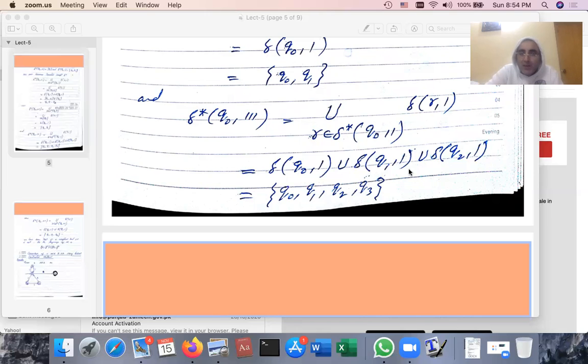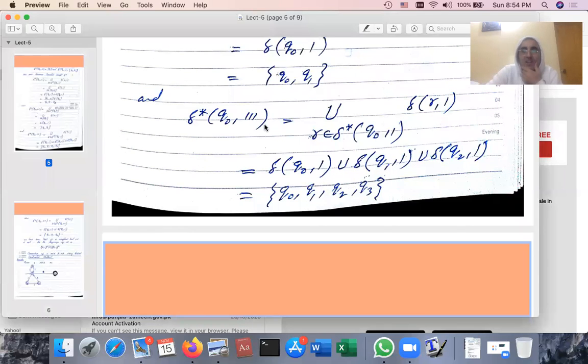But I have skipped many steps here. And then I am writing this thing Q0. Okay, from Q1 after applying 1, I can reach Q2. And from Q2 after applying 1, I can reach Q3. So that's why Q0, Q1, Q2, and Q3 are mentioned. This Q3 is the acceptance state.